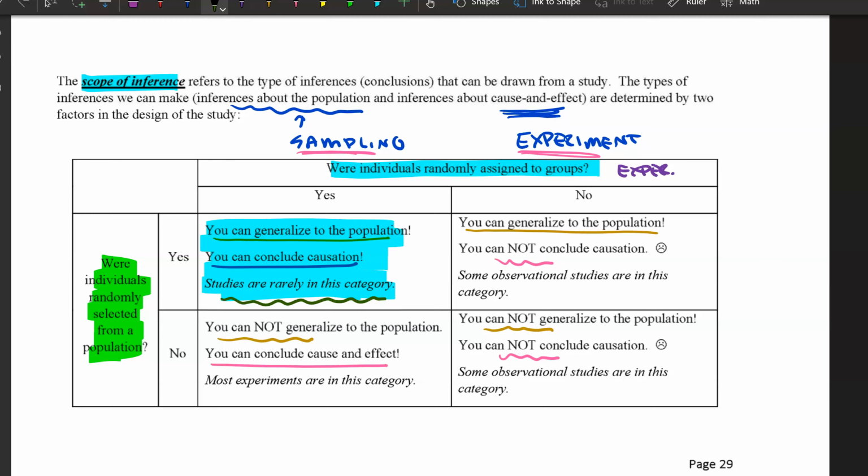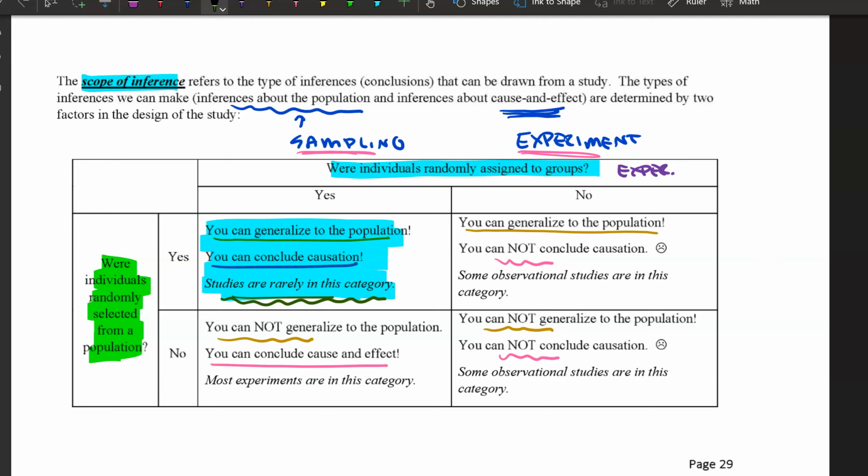If you're going to do an experiment and impose treatments on people, it's hard enough to get people to answer a short 30-second survey, much less call up a random person on the phone and say, yeah, you've been chosen to partake in this 2-month experiment where we're going to impose these treatments on you and do yada, yada, yada, right? So it's very rare to be in this category, although it would be nice.